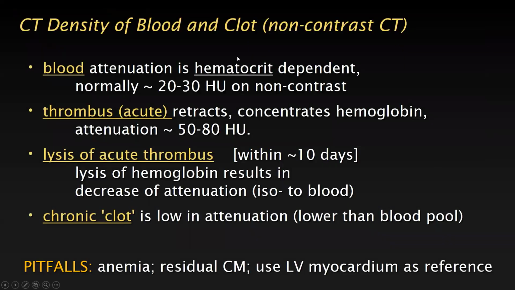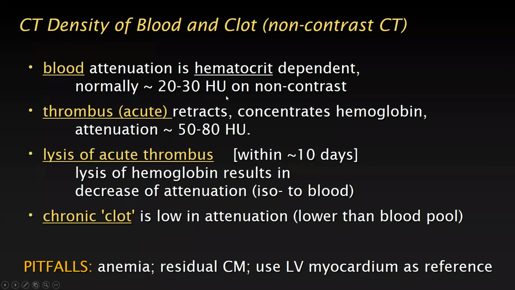But in this case, if you just think about what the CT density of blood and clot is on non-contrast CT, that's really something, this is like CT 101. The blood attenuation is hematocrit dependent.